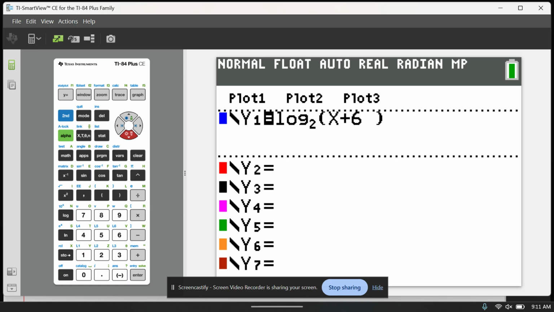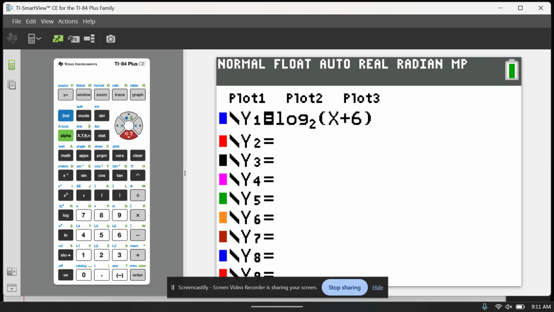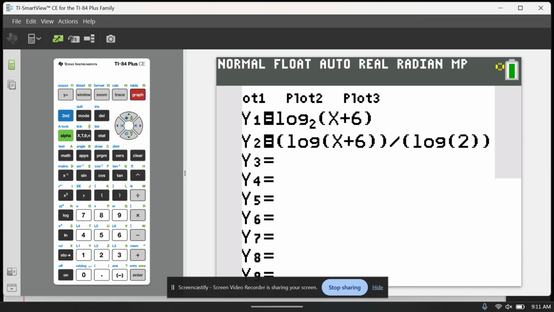If I'm using the TI-83, I'm going to have to do parentheses, log x plus 6, close parentheses, divided by parentheses, log 2, close parentheses, close parentheses. A little bit more work, but what you're going to see is these two things being the same graph. Most of us have the 84, so the top one is all we're going to have to do. I'm just showing both of those to show you that it's the same graph.